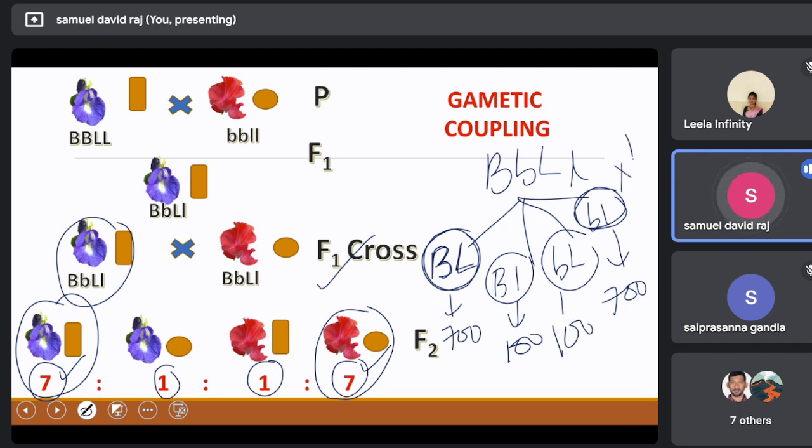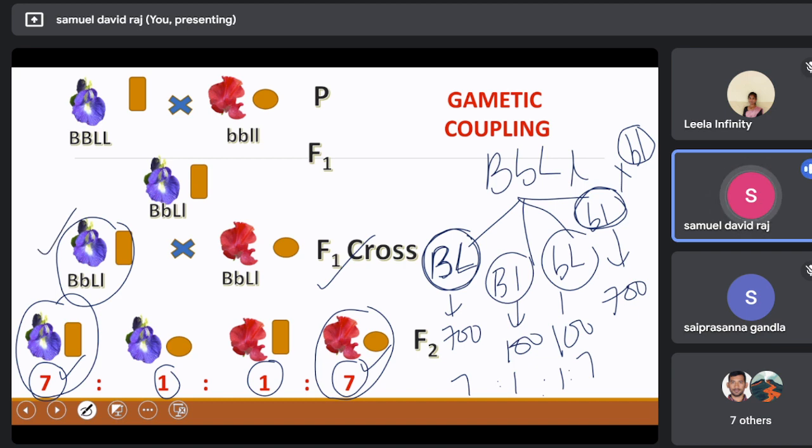So that when they fertilize with the recessive gamete, small b, small l, we can get a ratio like 7:1:1:7.